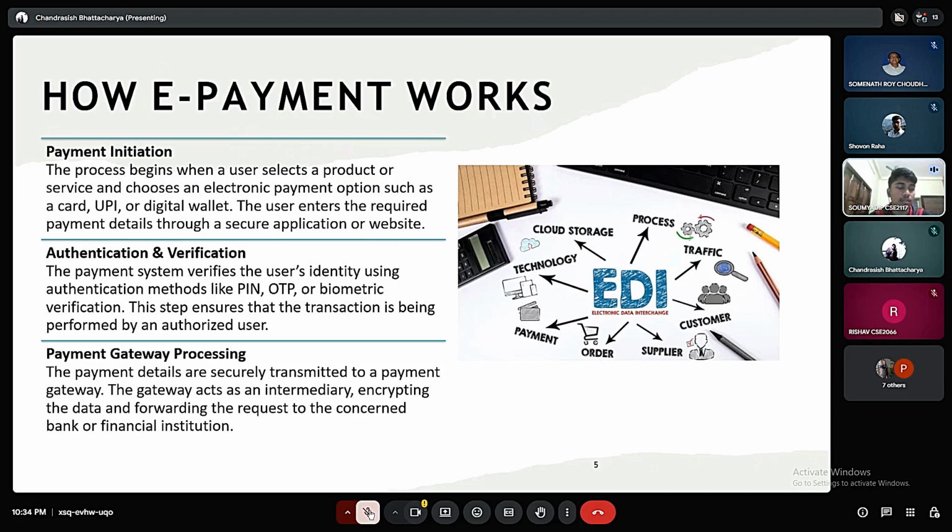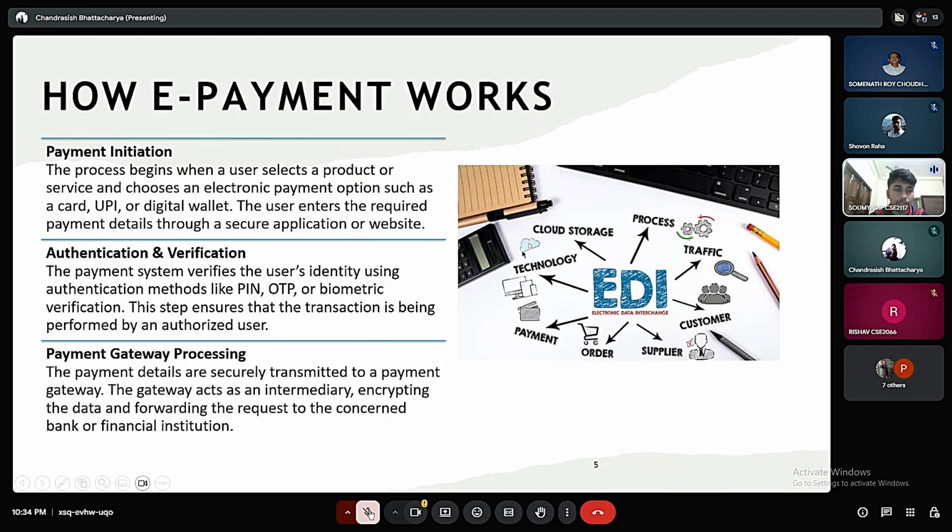Payment initiation. The process begins when a user selects a payment option such as a card, UPI, or digital wallet. The user enters the required payment details through a secure application or website. After that, authentication and verification. The payment system verifies the user's identity using authentication methods like PIN, OTP, or biometric verification.